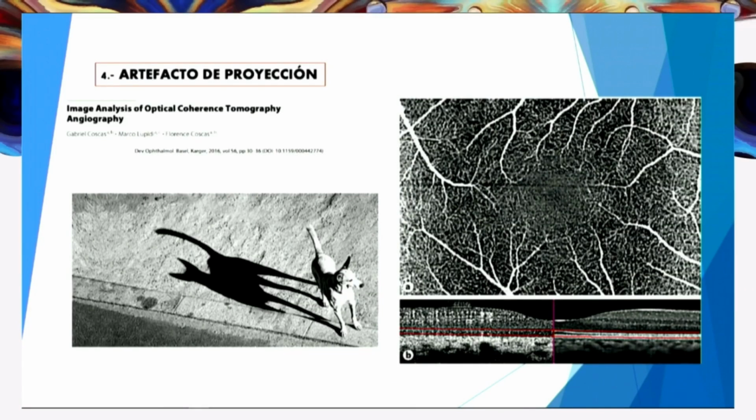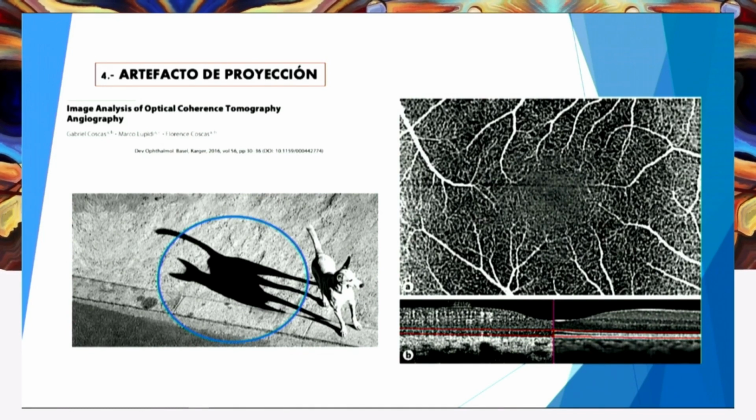Projection artifacts. This is a shadow. It looks very much like the one I showed before, but this means that from the very same retinal layers, we have the shadow of blood vessels of a layer that is more internally located. In this case, for instance, you can see that in this patient there is segmentation by the machine. It is on the external retina.